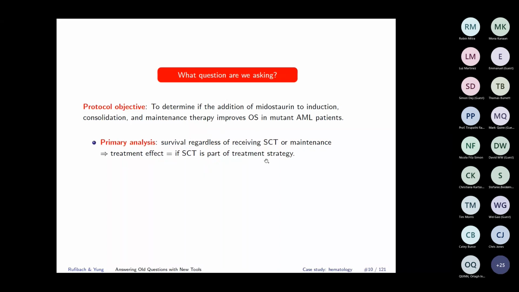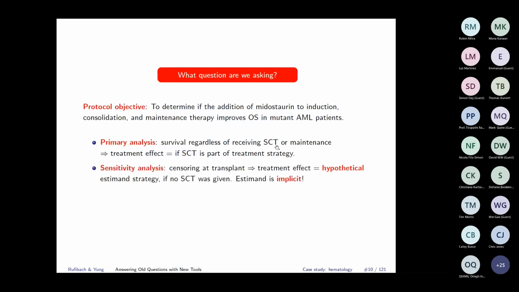So in some sense, you consider stem cell transplant as a potential part of the treatment strategy. But then the question is, why would you censor at stem cell transplant? There was a sensitivity analysis where you censor at transplant, but this is in the estimand language. So here, SCT is part of an option in the treatment strategy.